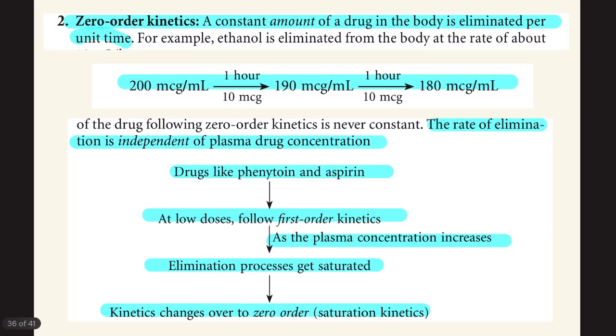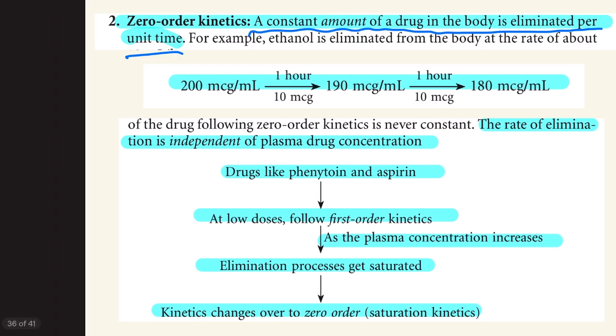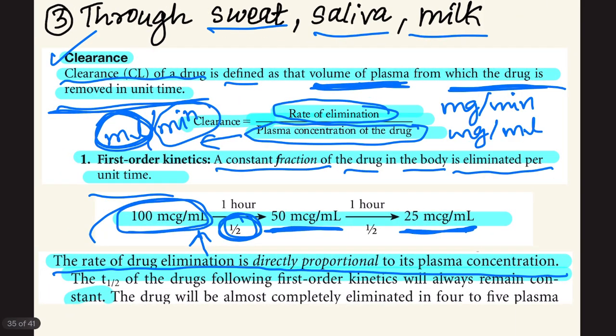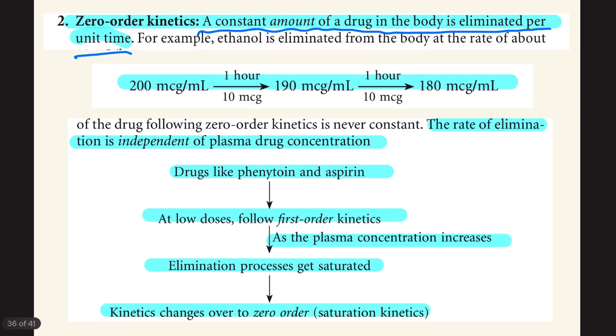Now coming to zero order kinetics, in this a constant amount of the drug in the body is eliminated per unit time. What was it in the case of first order kinetics? It was a constant fraction, like half of the drug being eliminated per unit time, whereas in this the amount is constant. As you can see here, with 200 microgram per ml, after 1 hour 10 microgram is removed, then it becomes 190 microgram per ml, then again after 1 hour another 10 microgram is removed, so it converts to 180 microgram per ml.